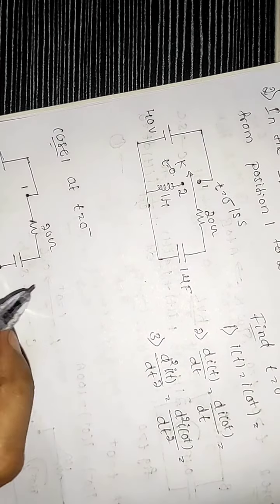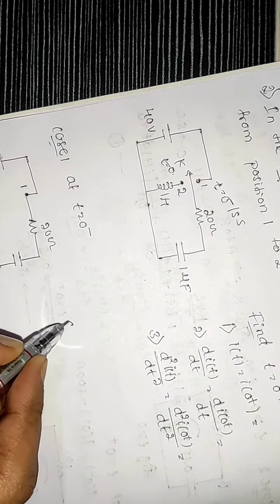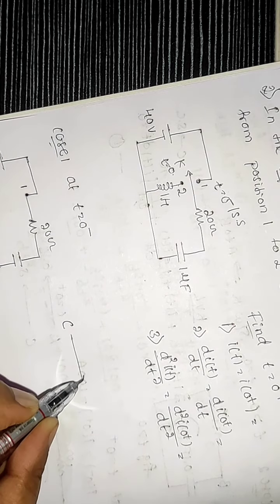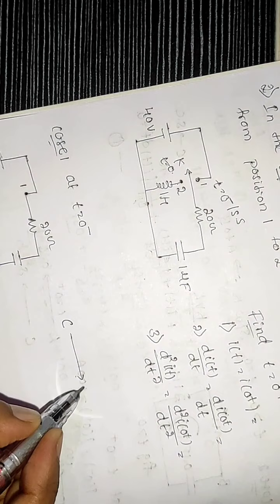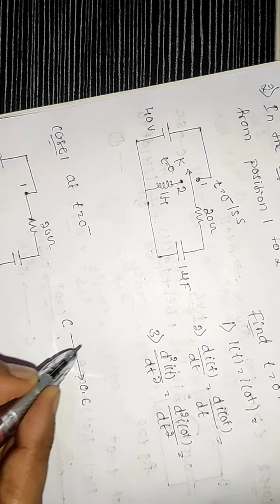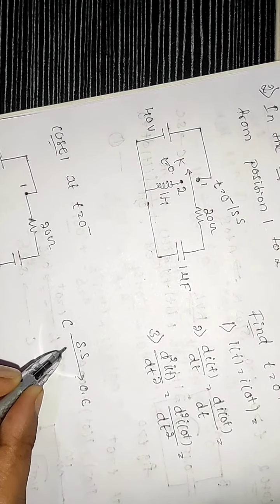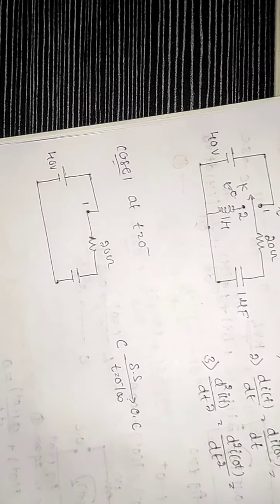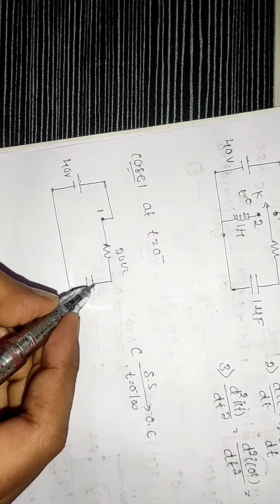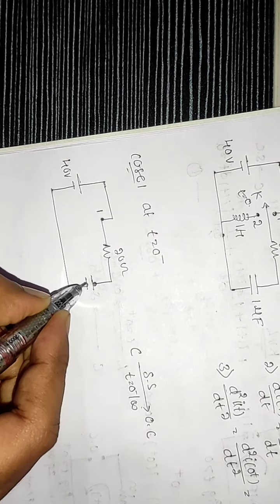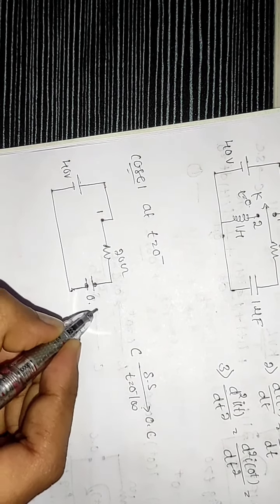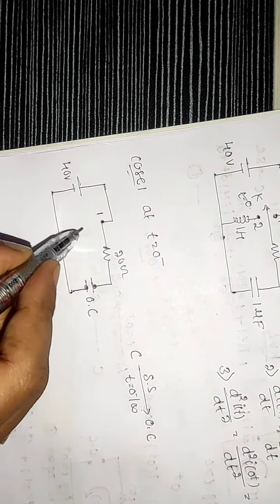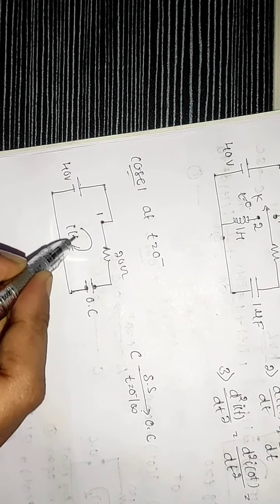You know the concept: the capacitor acts as an open circuit at steady state, meaning t equals 0 minus or infinity. Here the loop current is I of t.